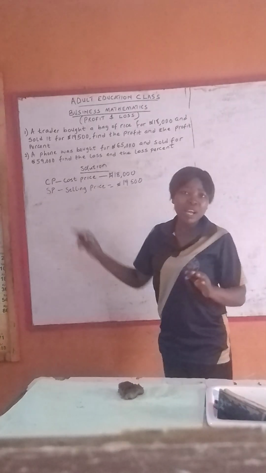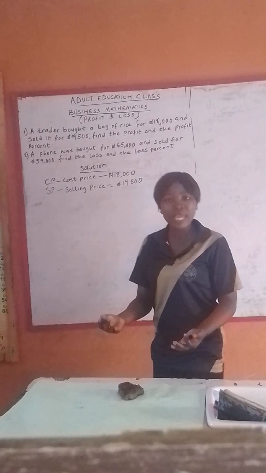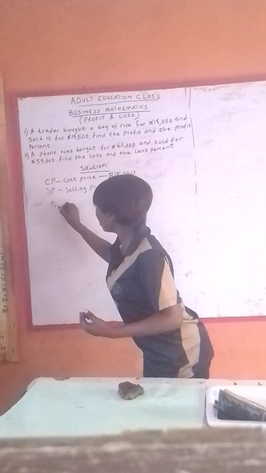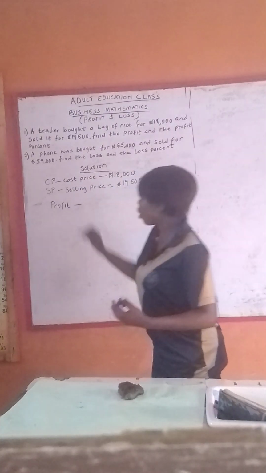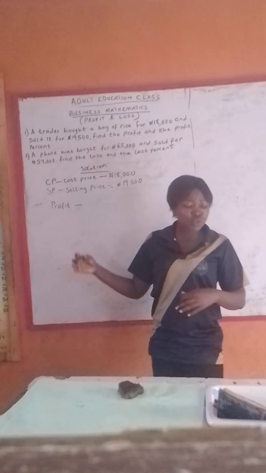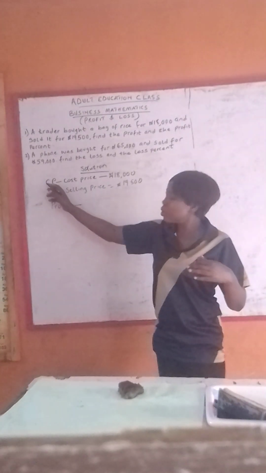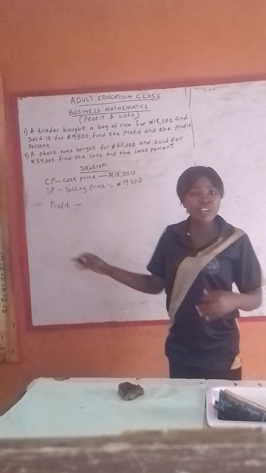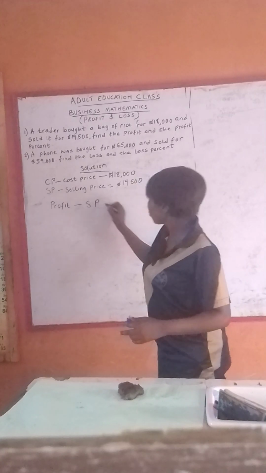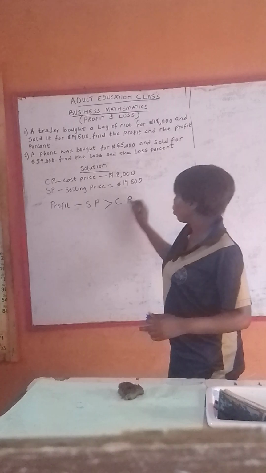And these two terms will be what will tell us if we are making a profit or we are losing out. So to make a profit, if you relate these two terms together, it shows that your selling price must be greater than your cost price.